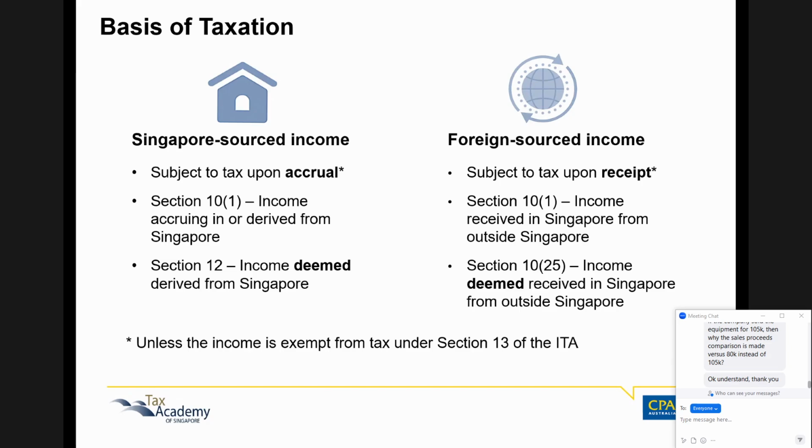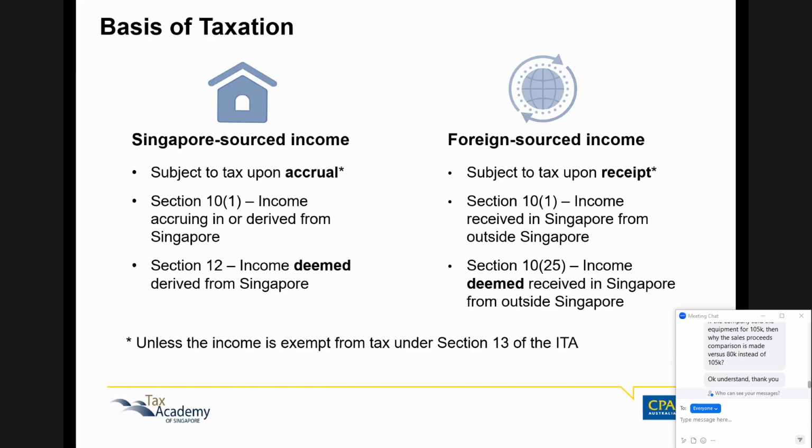So if I'm looking at your income under section 10(1), we have your trade income, employment income, dividends, interest, all this. If it's considered Singapore source, I'll tax it when it accrues. And also under section 12, income deemed derived from Singapore.